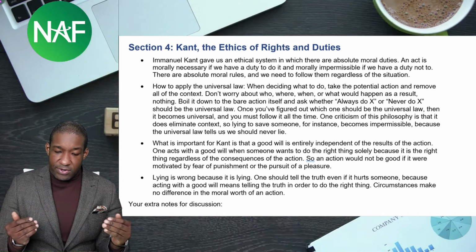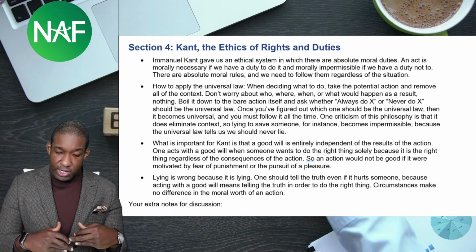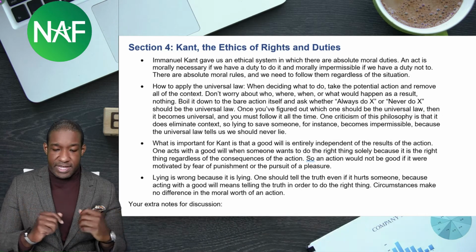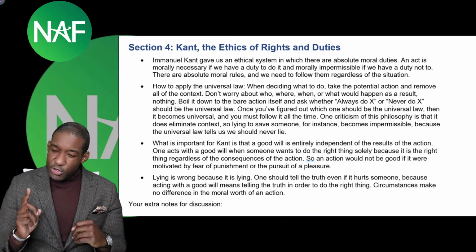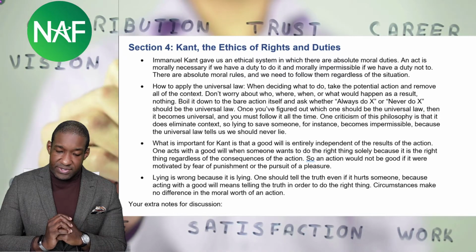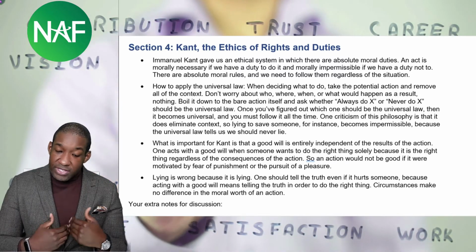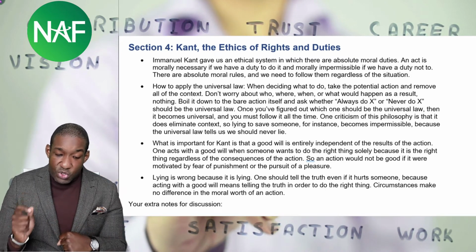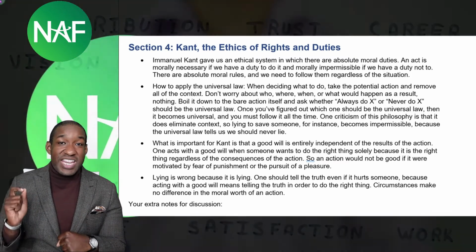Once you've figured out which one should be the universal law, then it becomes universal, and you must follow it all the time. One criticism of this philosophy is that it does eliminate context. So lying to save someone, for instance, becomes impermissible because the universal law tells us that we should never lie.